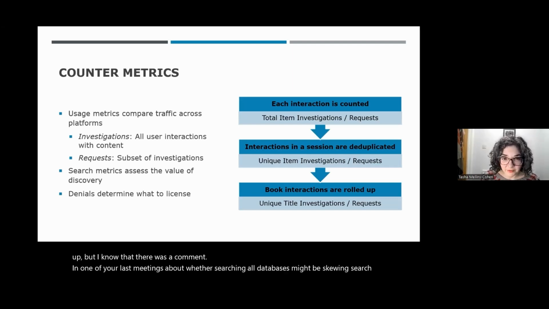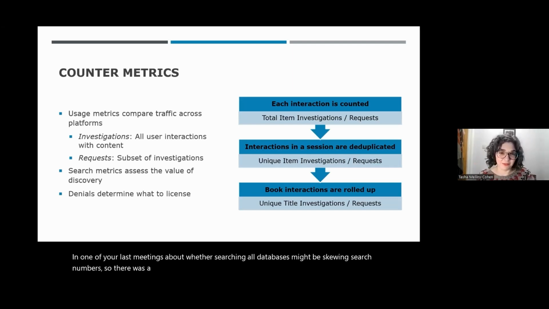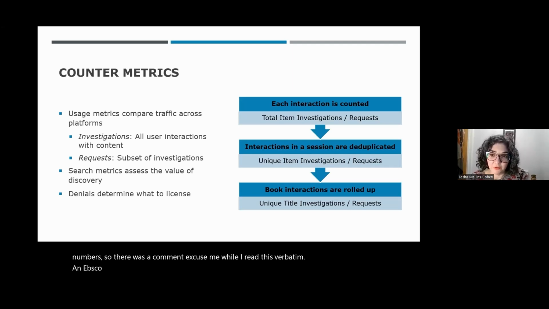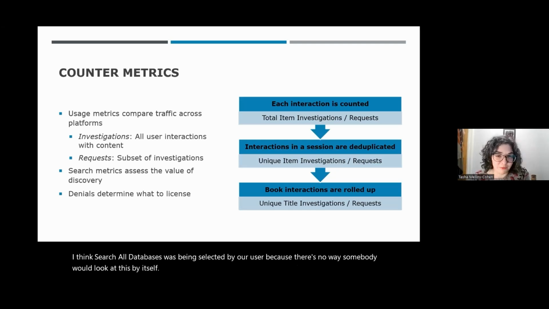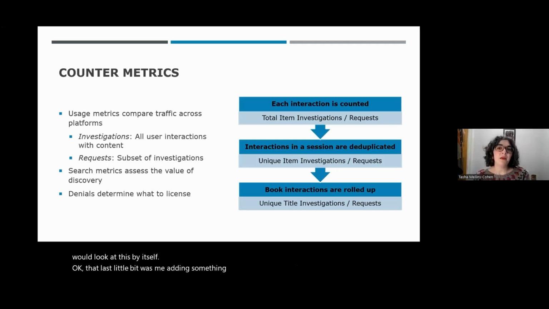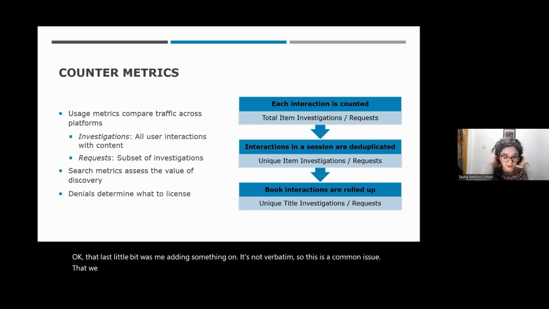There was a comment: an EBSCO database was showing 1,277 searches over the year. I think search all databases was being selected by our user because there's no way somebody would look at this by itself. That last little bit was me adding something on. It's not verbatim. So this is a common issue that we come across with search questions.